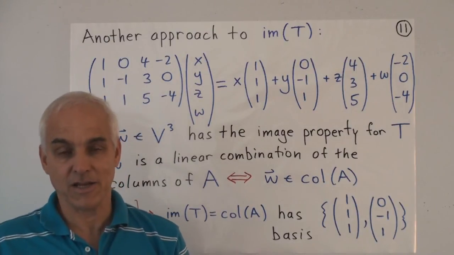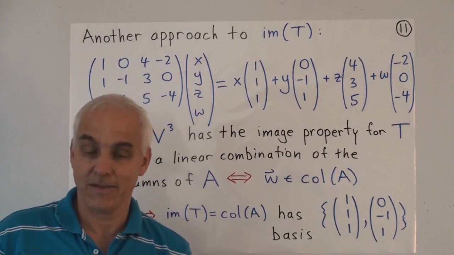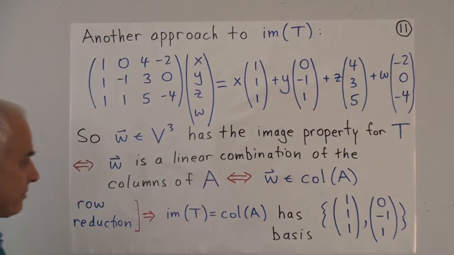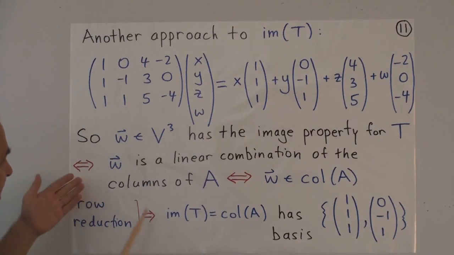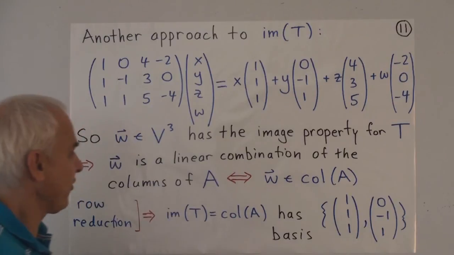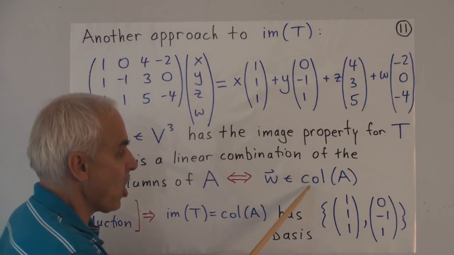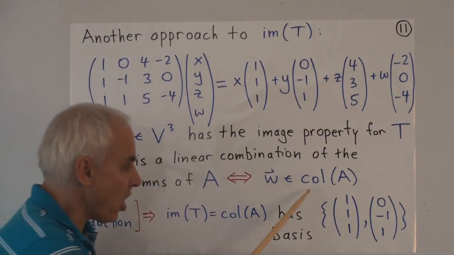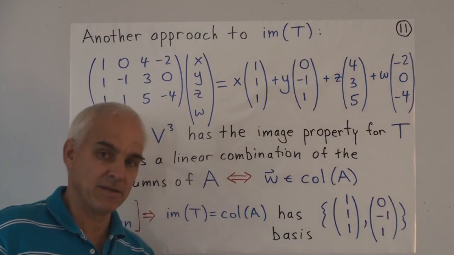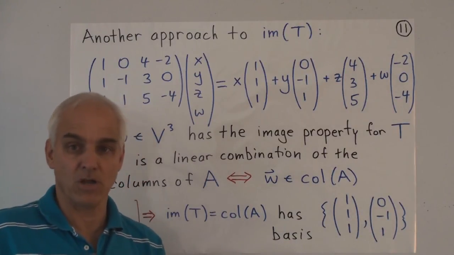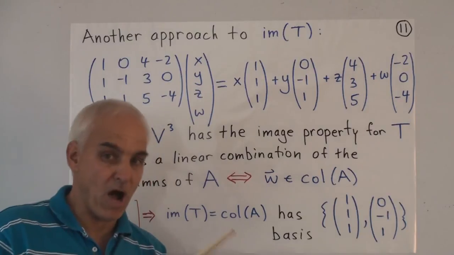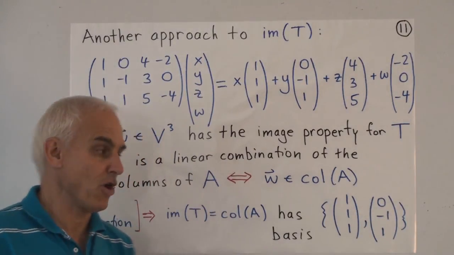If it's not a linear combination of the columns of A, then it does not have the image property. So we can say that this is exactly the same as saying that W belongs to the column space of A. The column space of A is just the space spanned by the columns of A. In other words, all possible linear combinations of the columns of A.